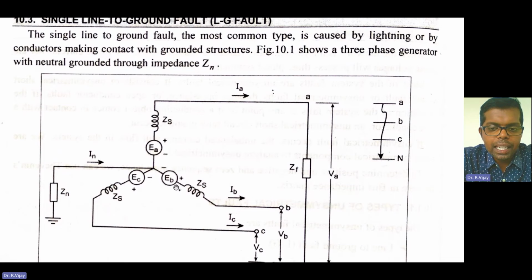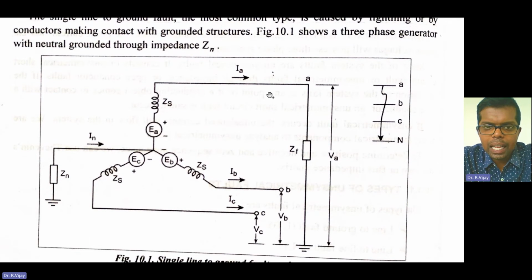The EMF generated in phase B is EB, and in phase C is EC, and all three induced EMFs have the sequence impedance Zs as shown in the figure.